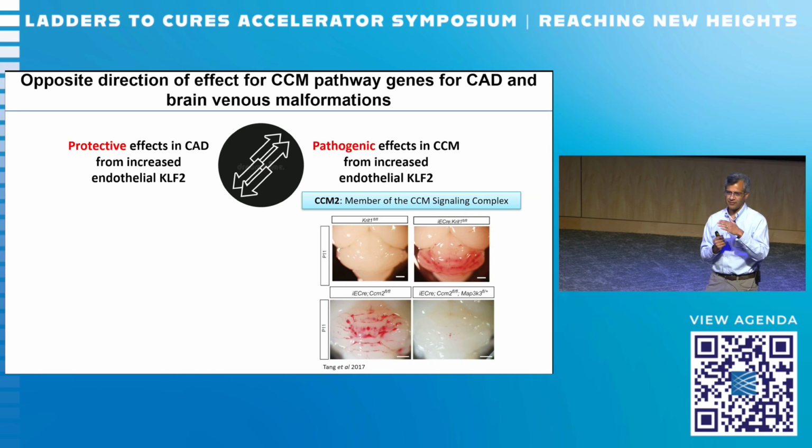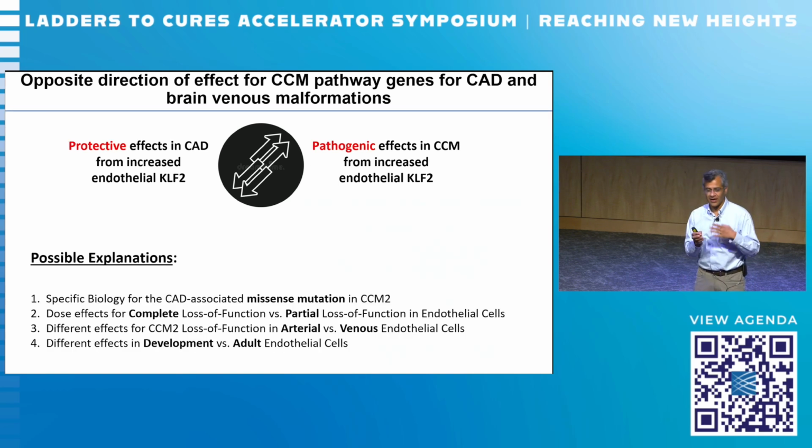When they knock out MEKK3, which is just downstream of the CCM pathway, the kinase cascade regulated by this complex, they rescue it. So they cure it in mice by knockout of MEKK3. So they say that the pathogenesis of the brain disease is high KLF2. And we also think that's the protective effect in CAD. So why could this be? Why are there these opposite directionalities? It could be that there's specific biology at that missense mutation.